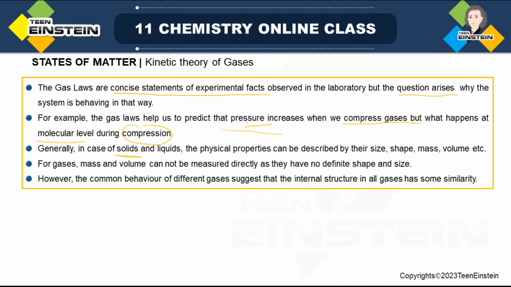Generally, in case of solids and liquids, for these two states of matter, we can describe the physical properties in terms of size, shape, mass, volume. But for gases, what happens? There is an important difference: mass and volume we cannot measure directly because of the lack of definite shape and size, which is possible for solids and liquids but not for gases.